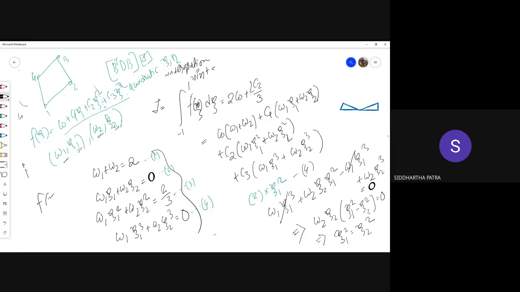From equation 3 we get (w1 plus w2) times xi1 squared equals 2 by 3, and from equation 1, this tells us that xi1 squared equals 1 by 3.